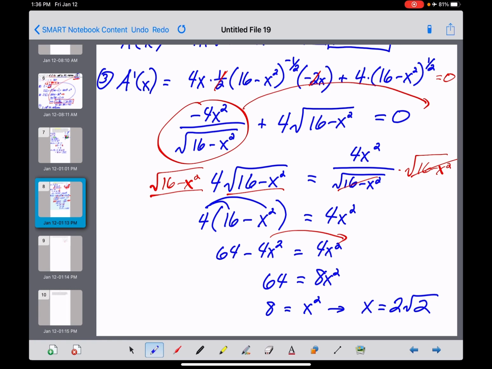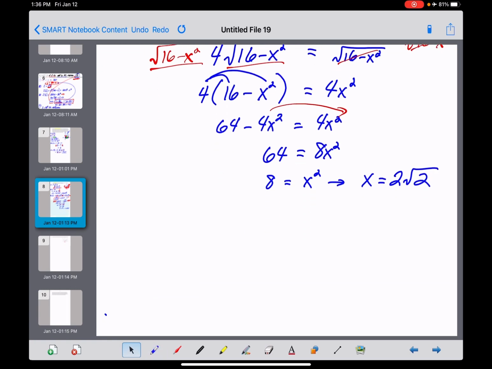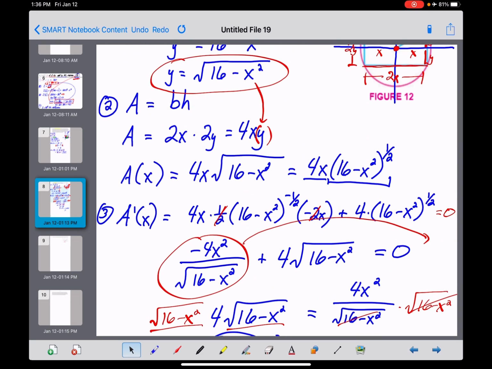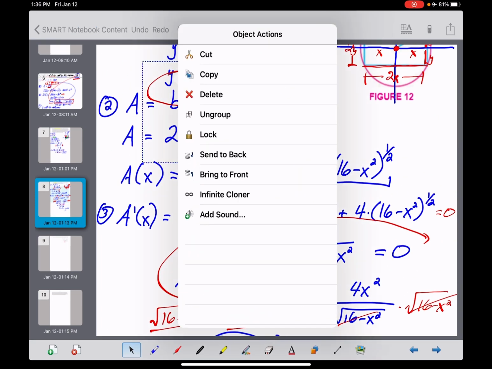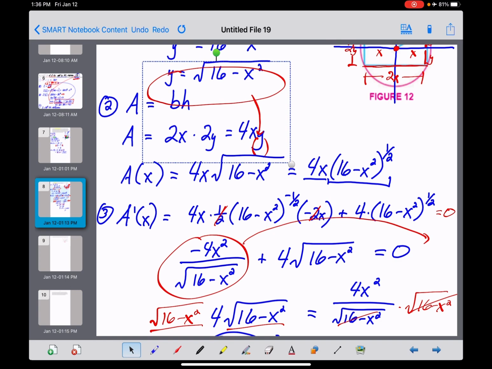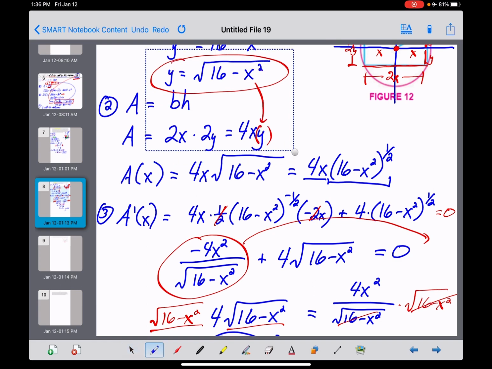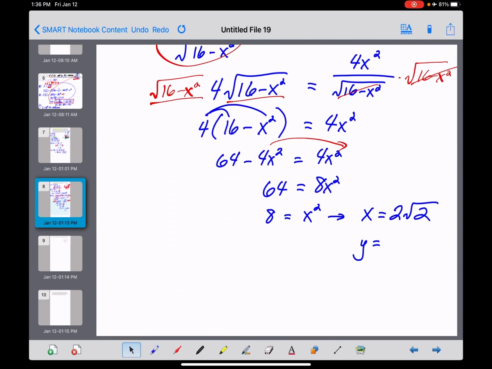Now, right underneath that, let me just scroll up a little bit right here. We want to also come up with the value of y. And if we remember how to do that, guys, back to where I think I circled it in red right up here. Oop, that's not what I wanted to do. Y is going to be, here we go, the square root of 16 minus x squared. So let me go back to where I was here.